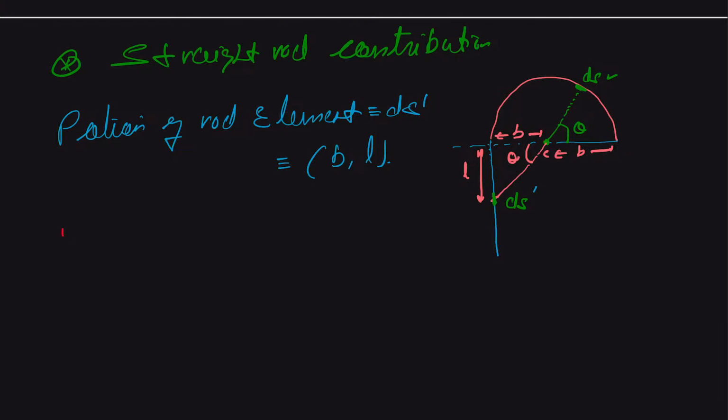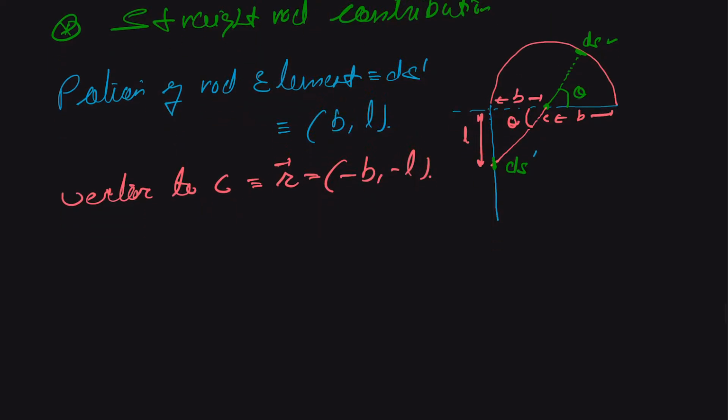So we can say that our vector to c, and that will be our r vector, and that will be minus b, minus l, and we can easily find out its magnitude. Magnitude is our r, and that will equal to the square root of b square plus l square.